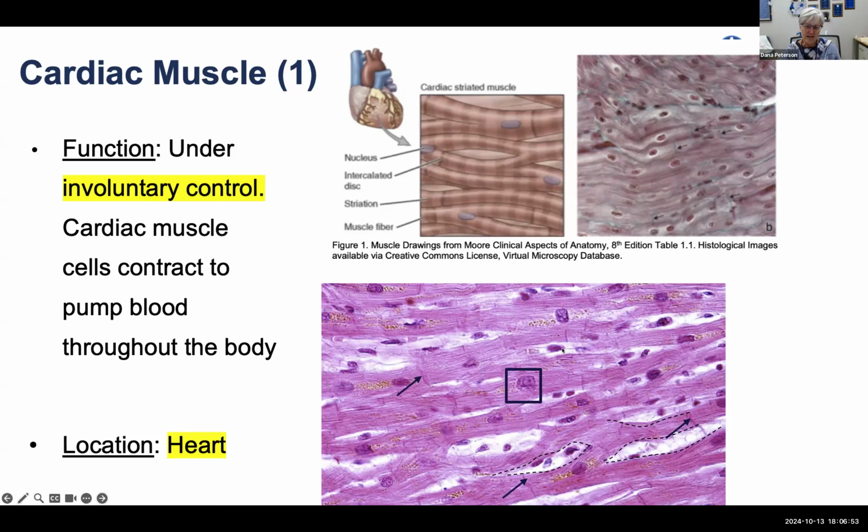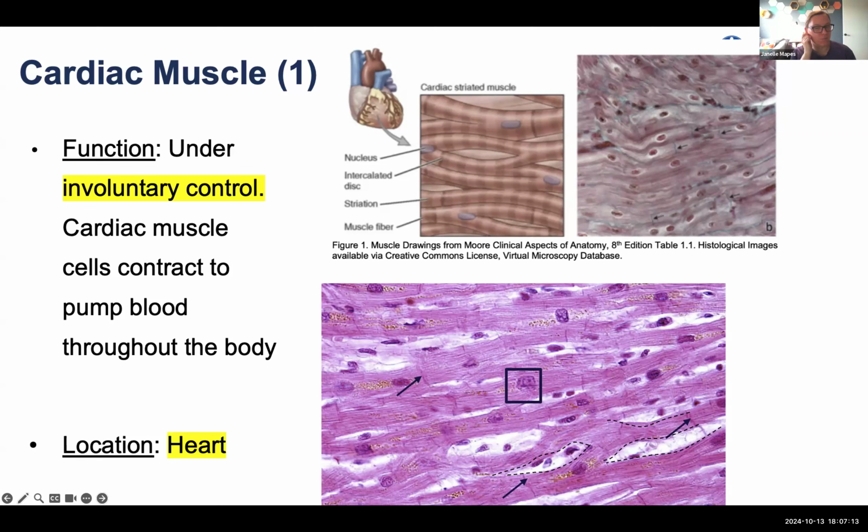So they all get a good blood supply, and under involuntary control, we still need involuntary nerves that can increase the rate of the heart and then slow the heart rate back down to a baseline rate. So I thought that was a really good question.